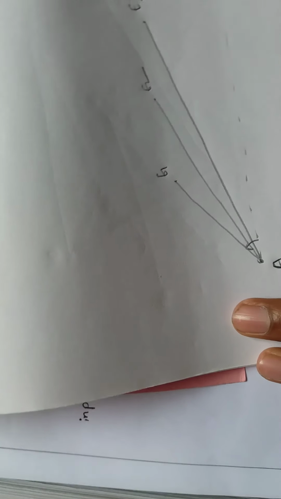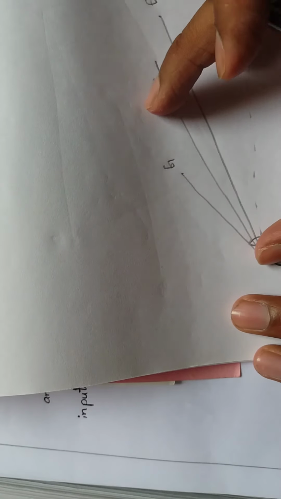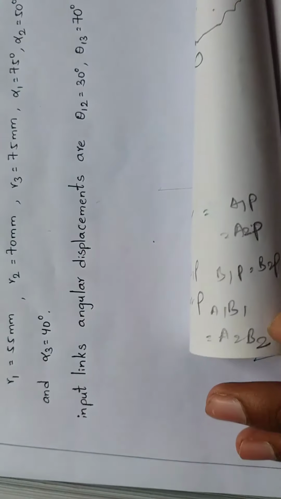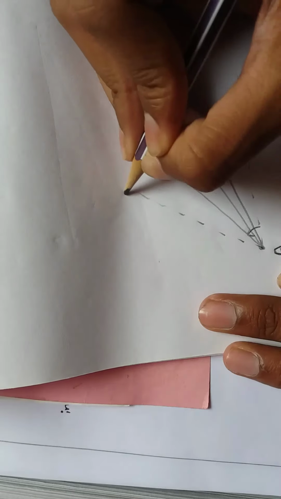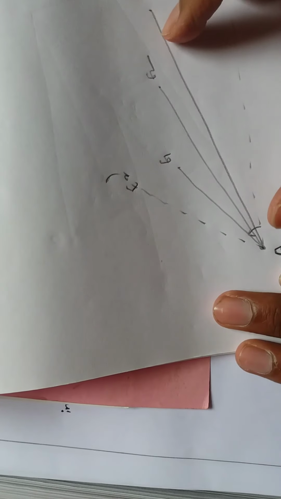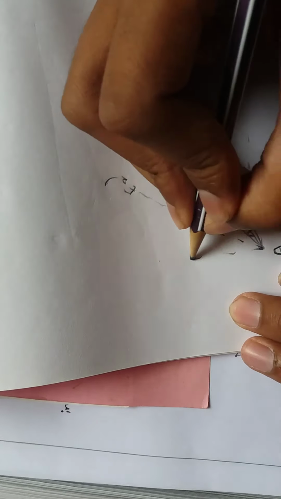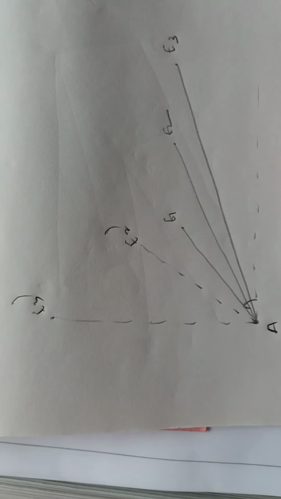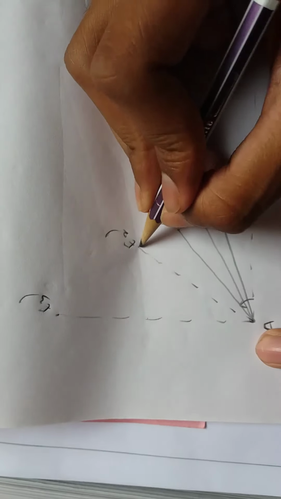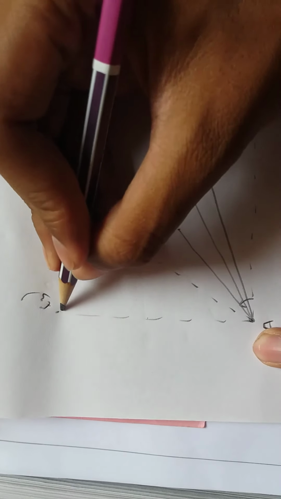Now the input angular displacements are given, so rotate E2 by the given angle, which is 30 degrees here, and mark it as E2 dash. Similarly E3 by the 70 degrees given here, giving E3 dash. Now join E2 dash to E1 and also E3 dash to E1.